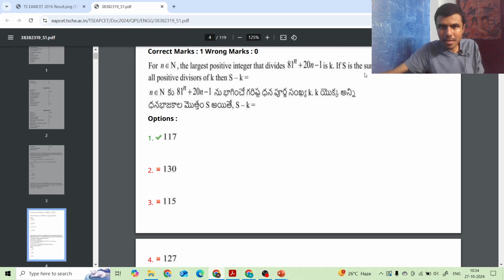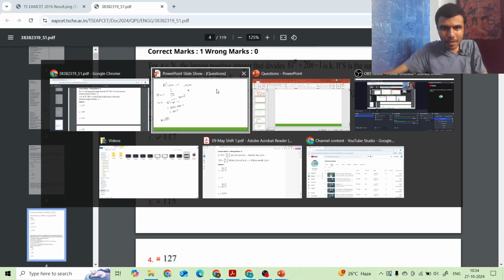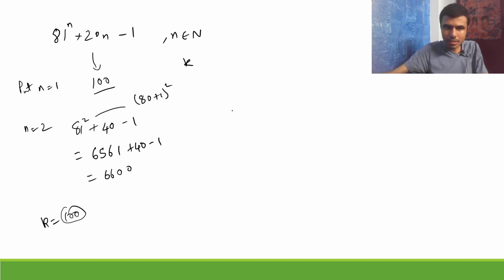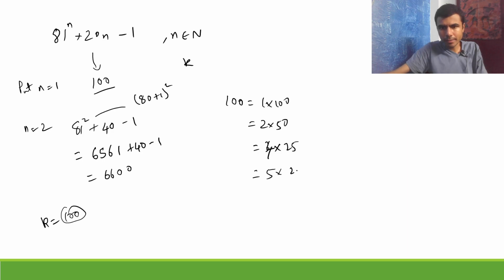Now capital S is the sum of all positive divisors of k. How to get that? 100 you can write as 1 into 100, 2 into 50, 4 into 25, 5 into 20, and 10 into 10.